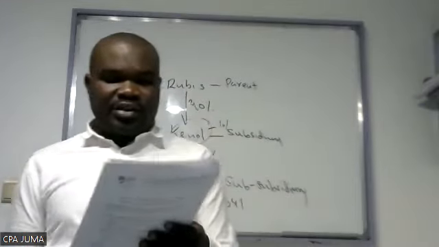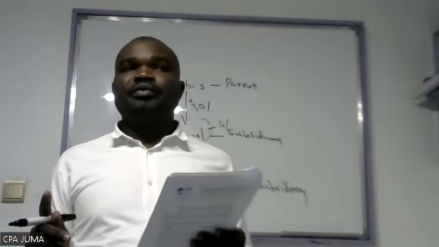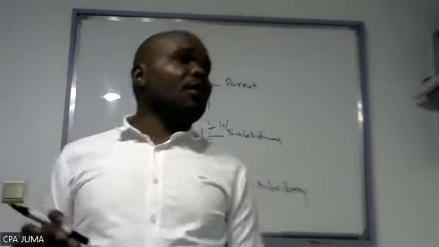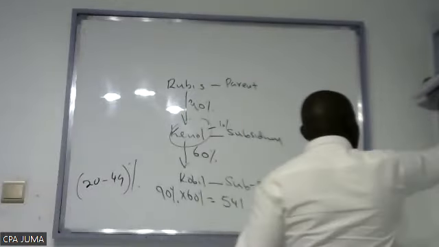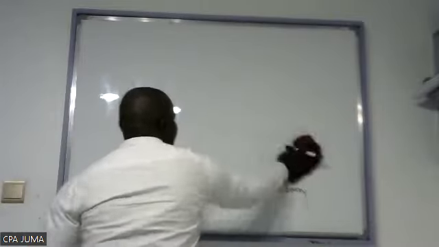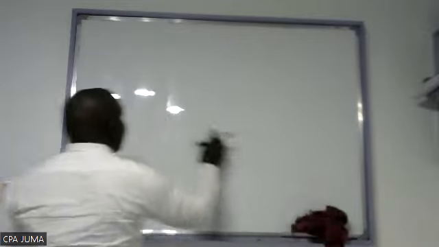Then share of net assets is the portion of equity components acquired. So when we talk of equity, let me break this thing down for you, because goodwill is critical as far as this issue is concerned.